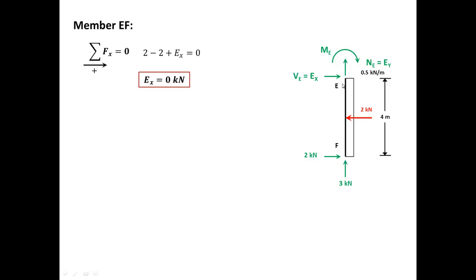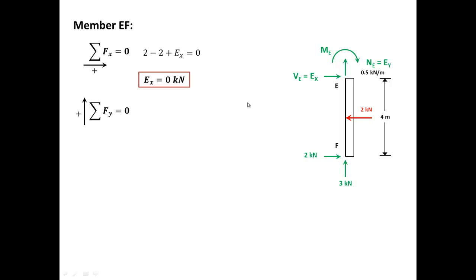So if I have a member that's connected to point E and it's a horizontal member, this new member will not have a normal force in it, because the shear force coming from this member equals 0, or the horizontal force coming through point E equals 0.